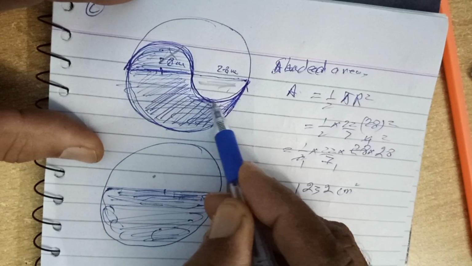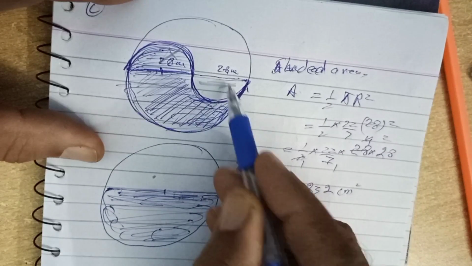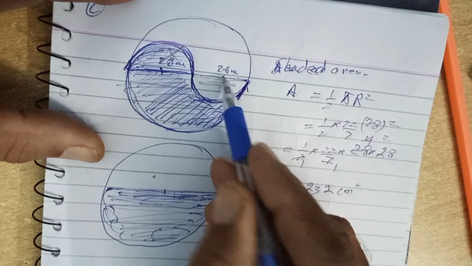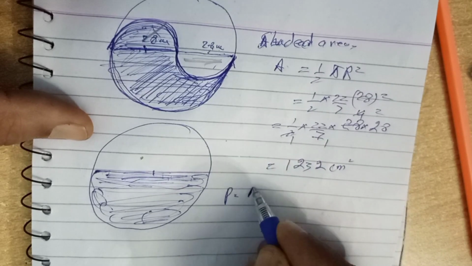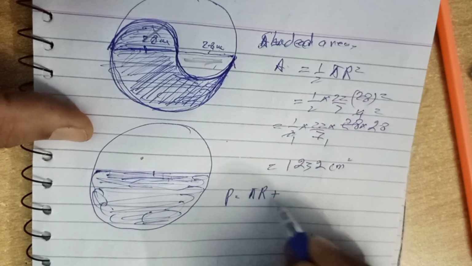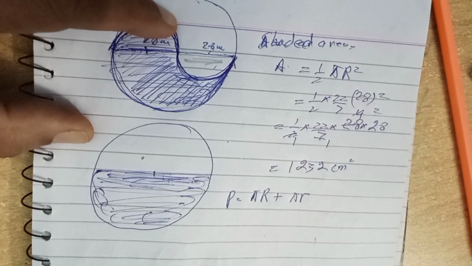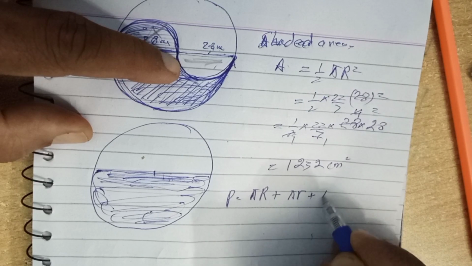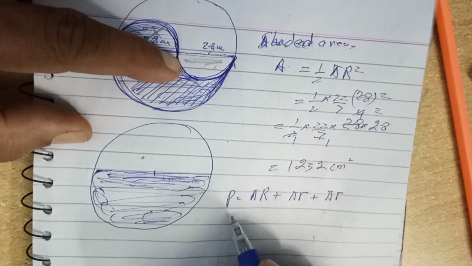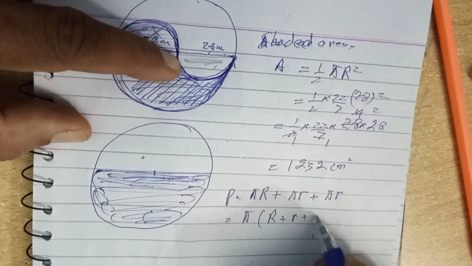And this is the smaller semicircle whose radius is 14. Perimeter is pi r plus the perimeter of this smaller semicircle, which is also pi r. A semicircle has perimeter equal to pi r. Now this semicircle, it is pi r. I take pi as common, r plus r plus r.